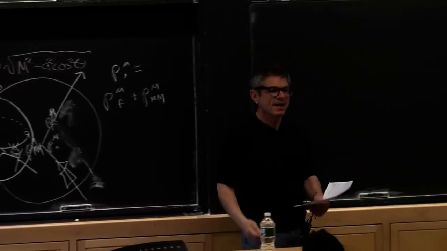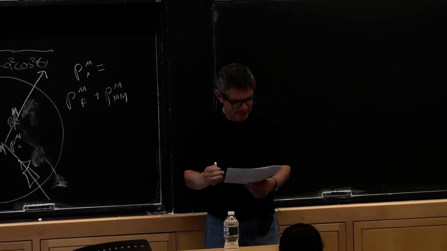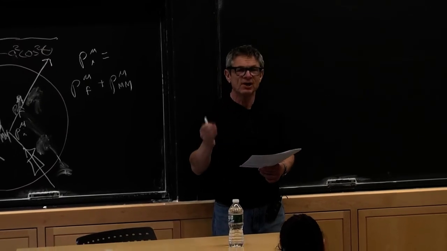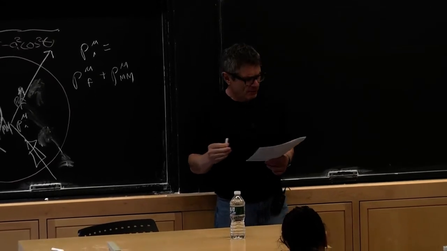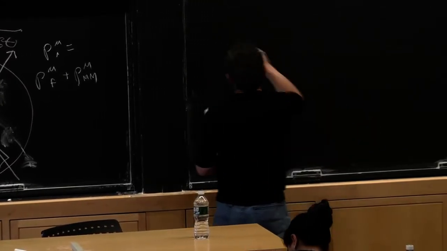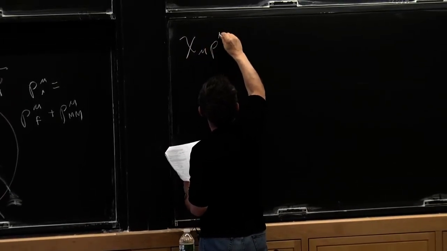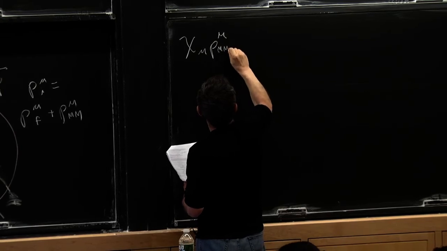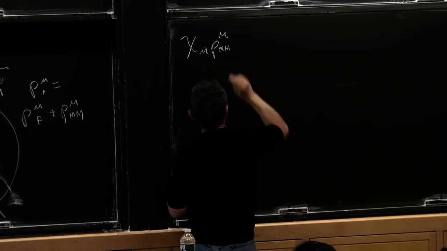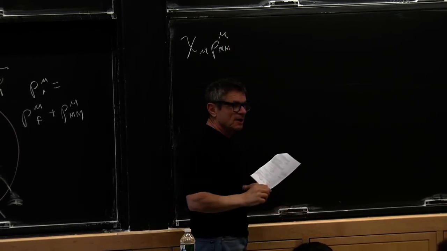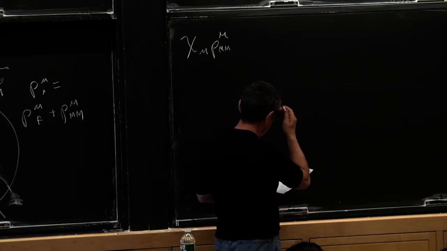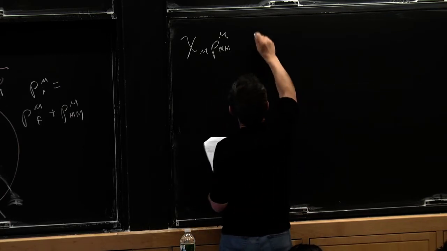Chi is a future-directed null vector. Therefore, chi mu p mu for Matthew McConaughey, at the horizon, not anywhere else, but at the horizon, must be negative.